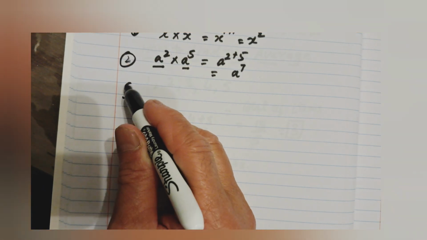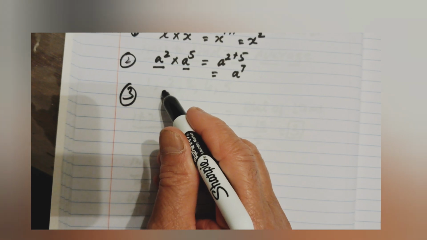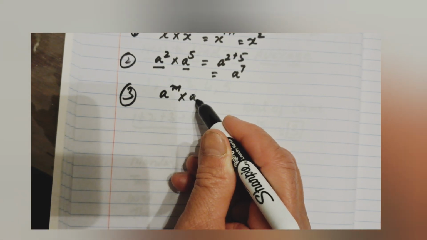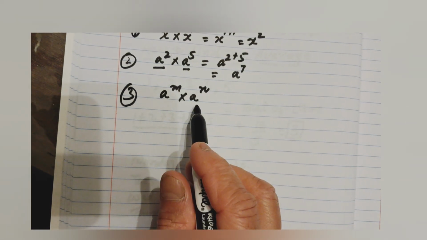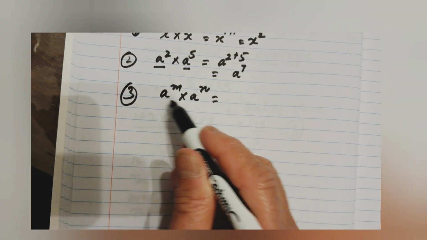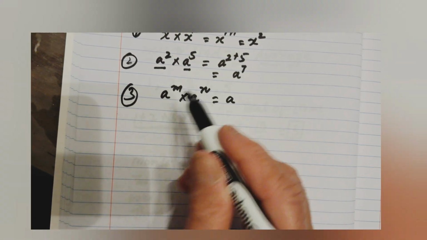The third question is, sometimes we have no numbers, like a to the power of m multiplied by a to the power of n. The base is the same, so we can multiply. A multiplied by a is a, and the powers are added.